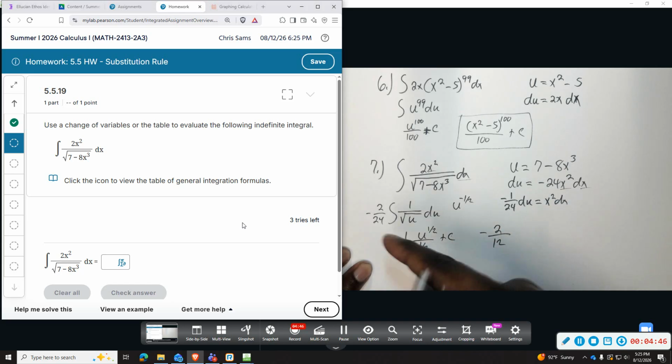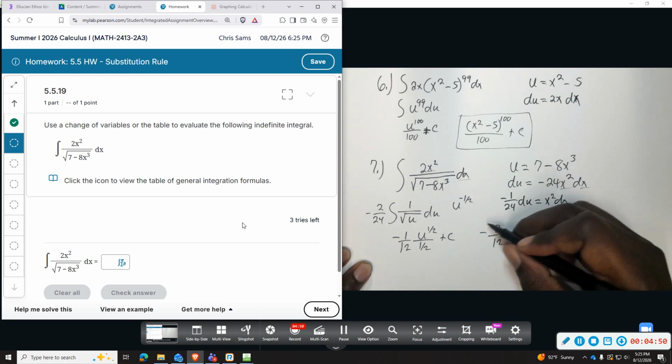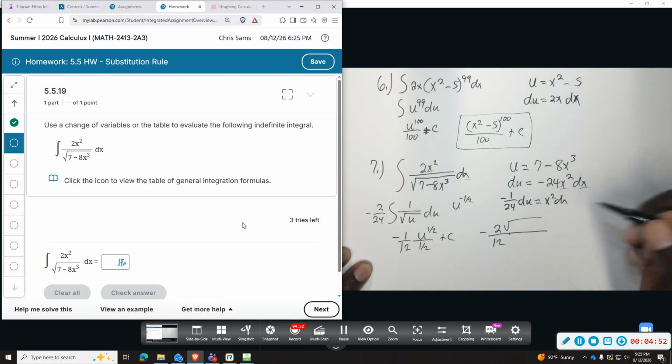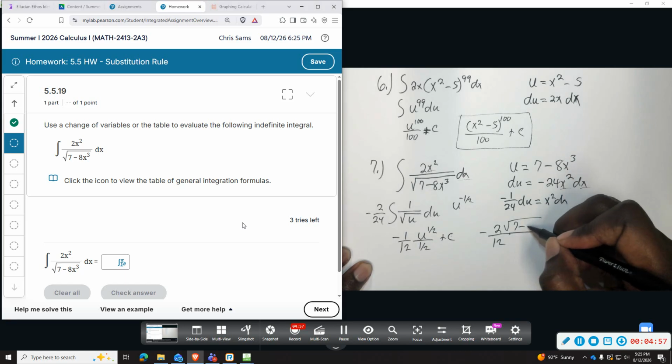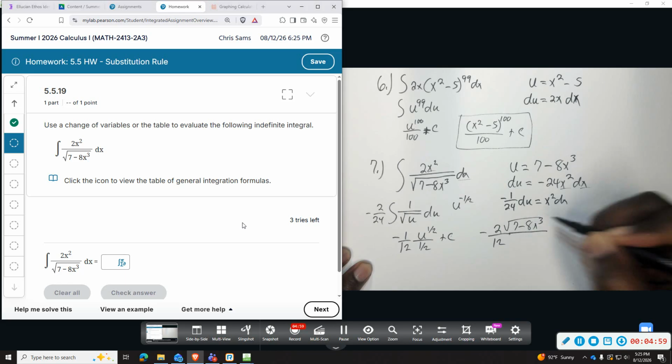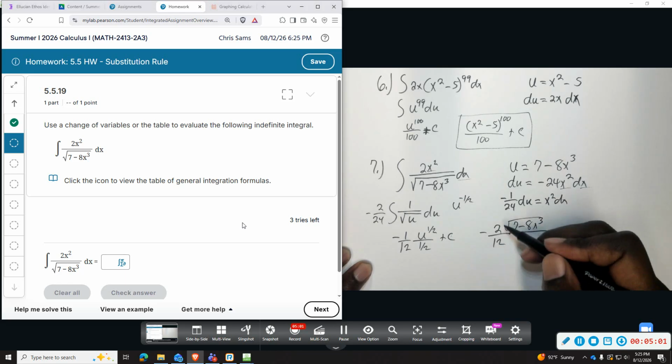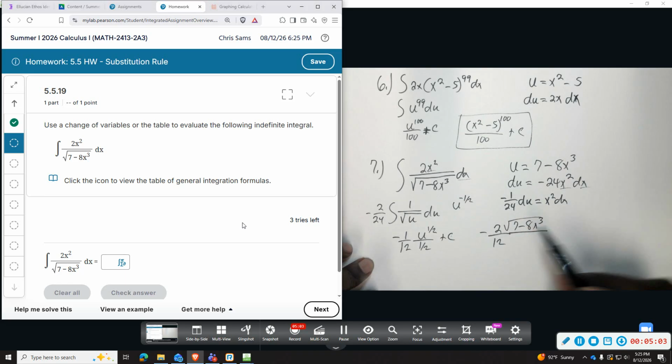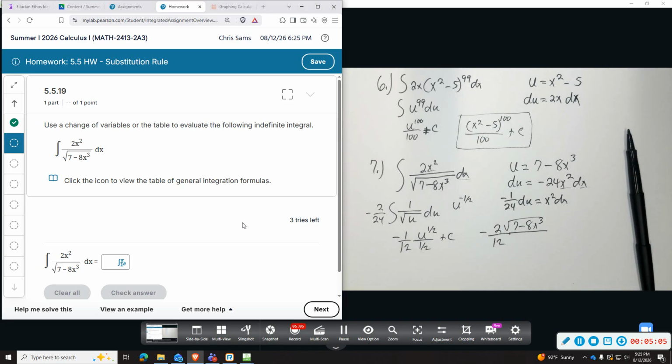That 2 is from keep change flip, over 12. U is now the square root of 7 minus 8x to the third, and this can be reduced to be just over 6, so negative square root of 7 minus 8x cubed over 6 as a final.